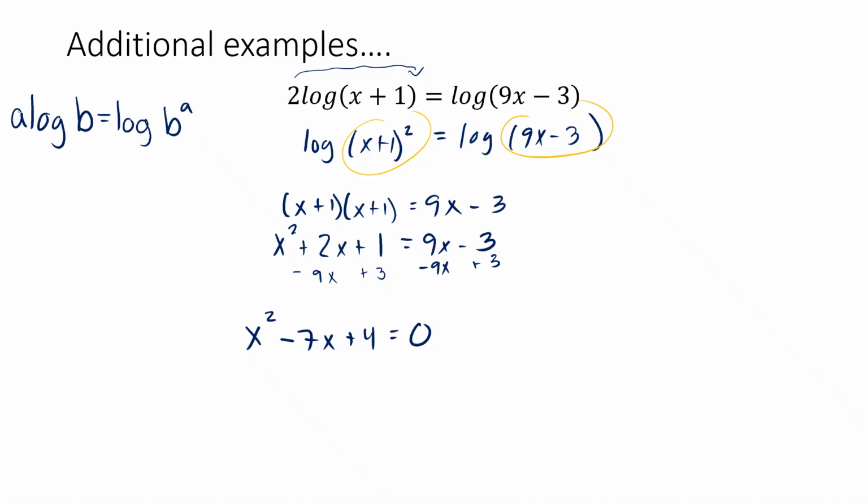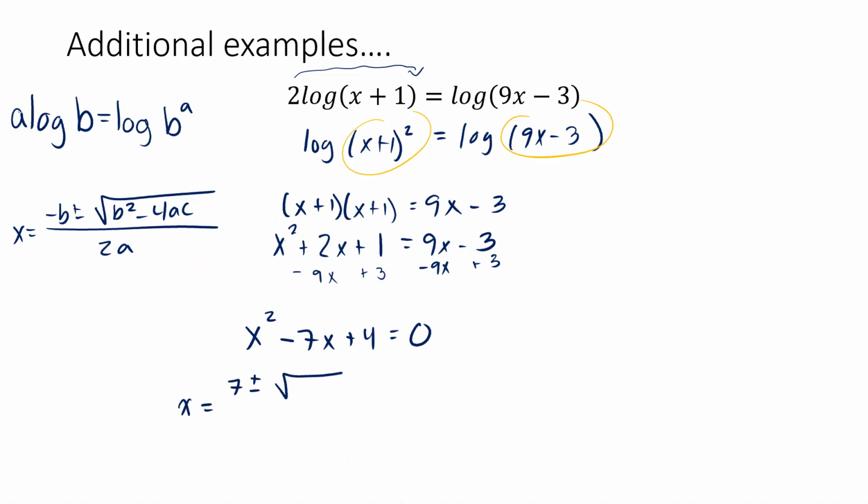So this is going to run us into the quadratic formula, which is x is equal to the opposite of b plus or minus the square root of b squared minus 4ac all over 2a. So we will have the opposite of b, opposite of -7 is 7, plus or minus the square root of -7 squared.